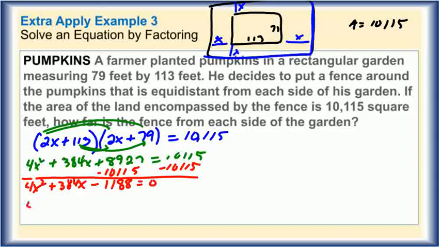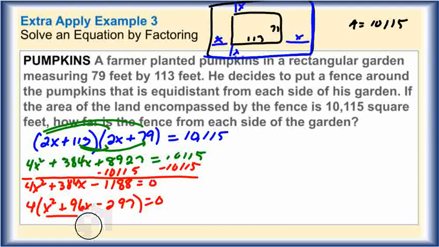And I can factor out a 4 here, and that gives me x squared plus 384 divided by 4, which gives us 96, x, minus 1188 divided by 4 gives us a negative 297, equaling 0. And then I can just factor what I have in parentheses here.